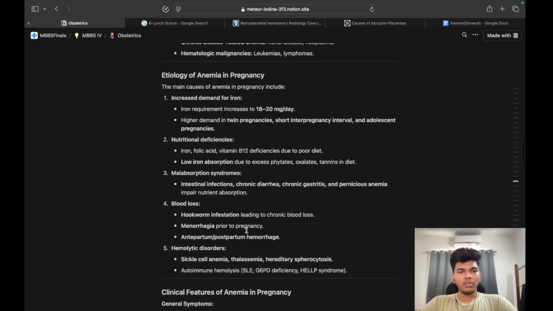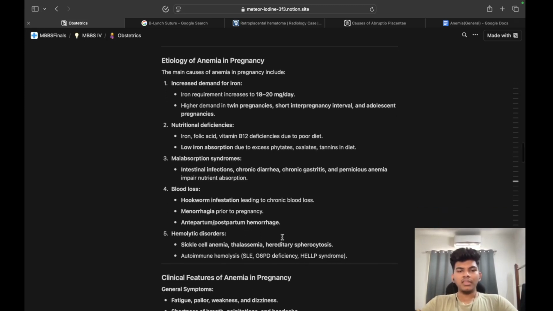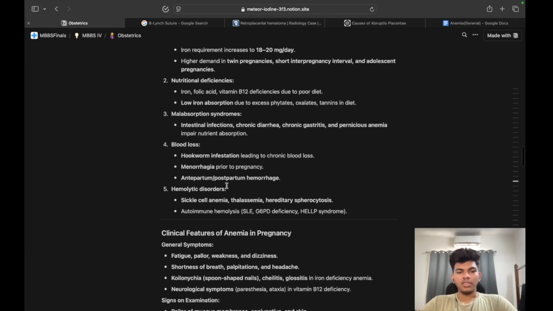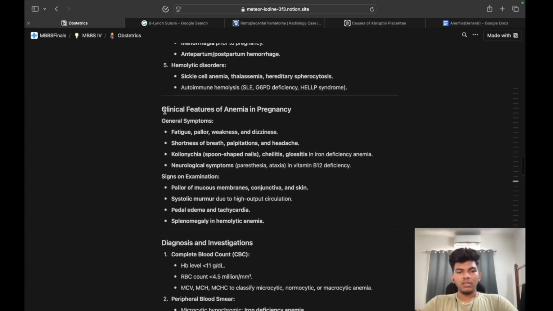Even if you have some broad overview, you can write something in this particular section. Coming to clinical features, we have seen these repeatedly. I'll just go through them: general symptoms and signs on examination. General symptoms include fatigue, pallor, weakness, dizziness, shortness of breath, palpitations, headache, koilonychia, which is spoon-shaped nails, cheilitis, glossitis, that is in IDA.